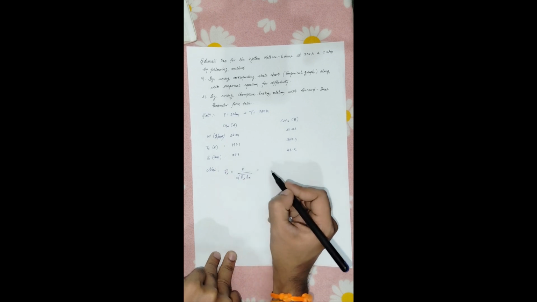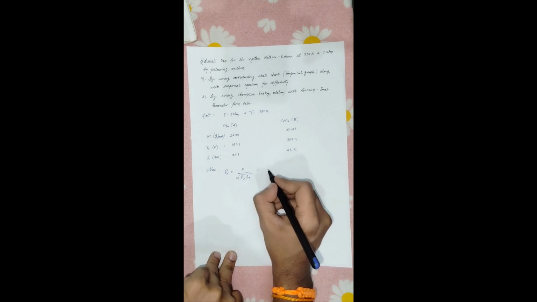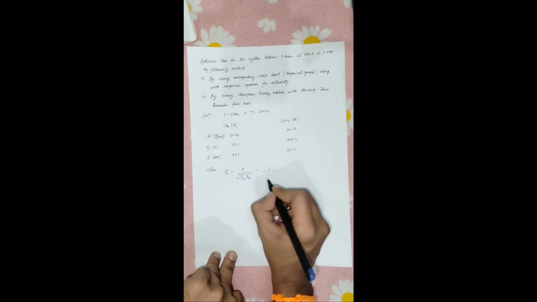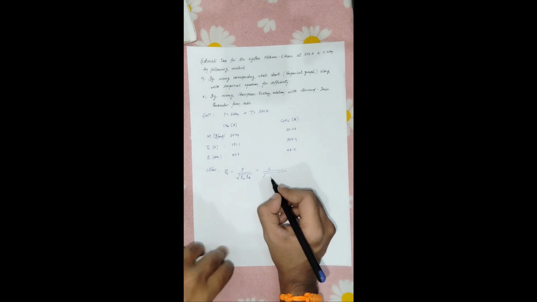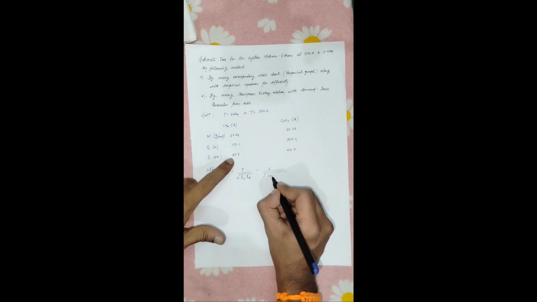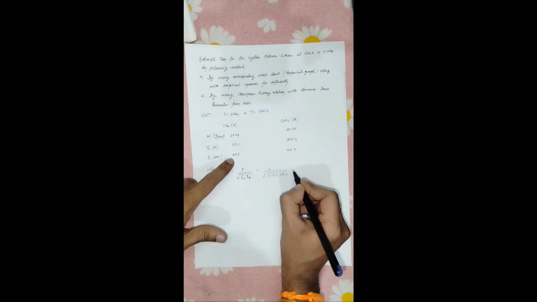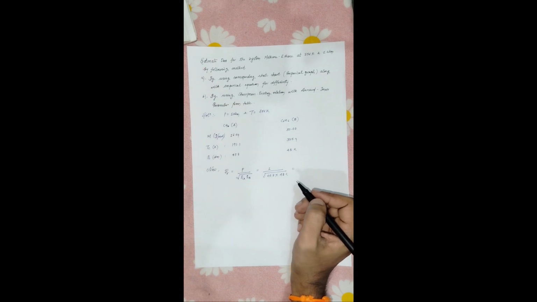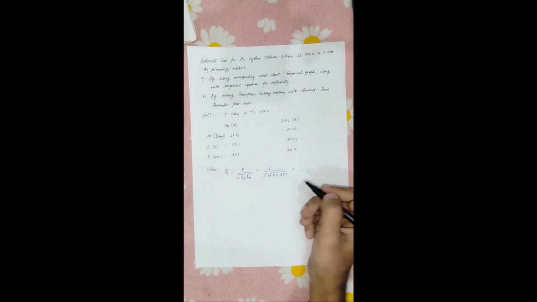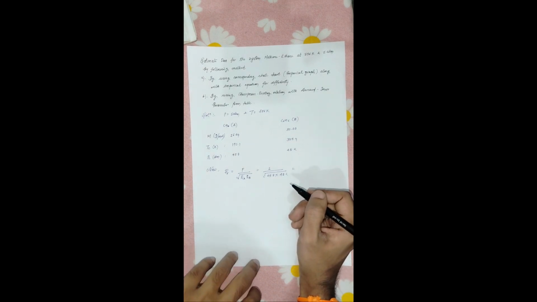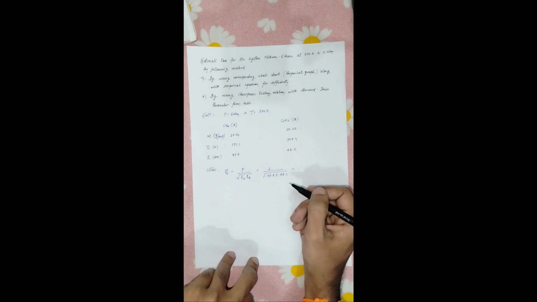P is given as 1 atm, PcA is 45.8, and PcB is 48.2. We'll put these values into the calculator, and after the calculation, just a minute, I'll do the calculation.